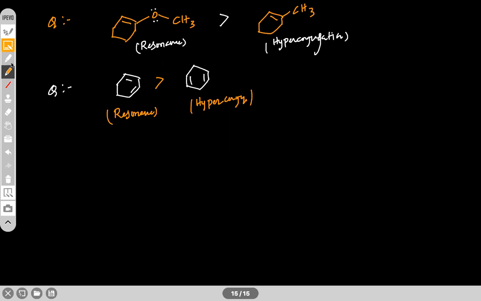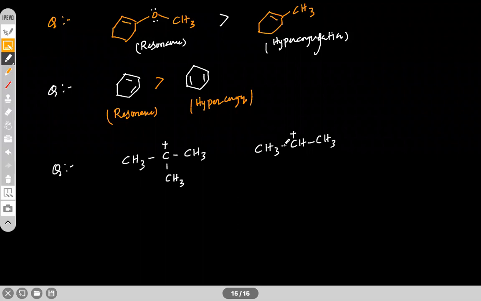Done? Could you tell me which carbocation is more stable here, and the reason for stability? CH3, C positive charge, CH3, CH3, and CH3CH positive charge, CH3. Which one is more stable?